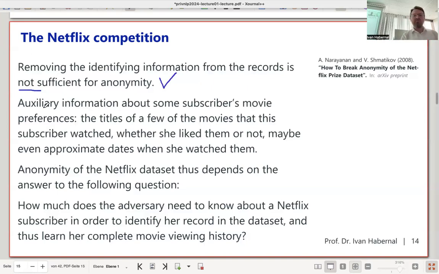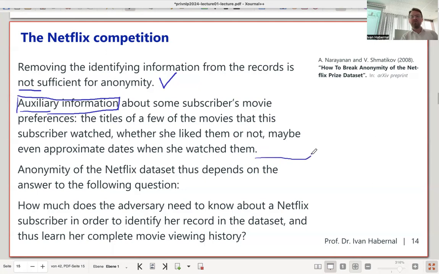So auxiliary information about some subscribers' movie preferences. We will talk about what they actually did. You can use the titles of a few of the movies that the subscriber watched and whether the person liked them or not, and maybe when they watched them.